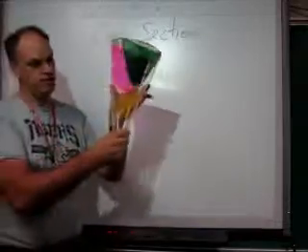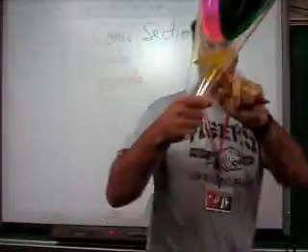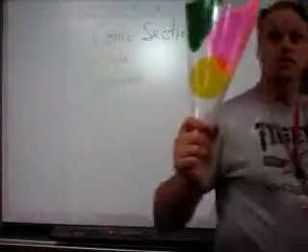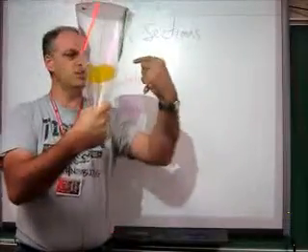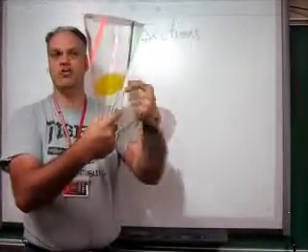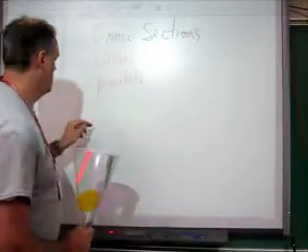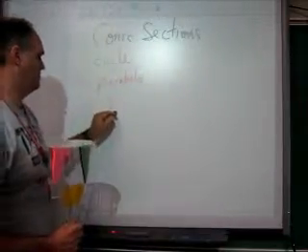And then there's this yellowish colored one in here. Anybody see what that is? Ellipse. And you'll notice that it is at an angle also, but unlike the parabola, the angle is such that it comes on either side of the cone and not just up to the bottom of the cone. And this one's called the ellipse.